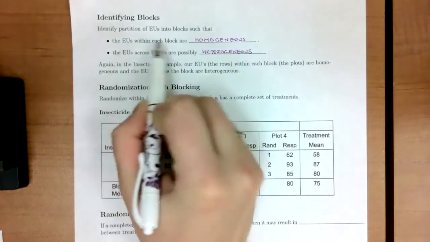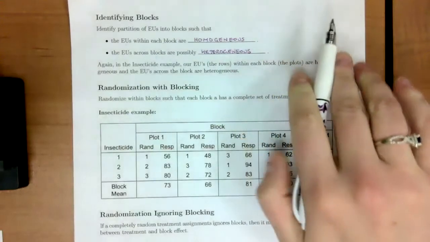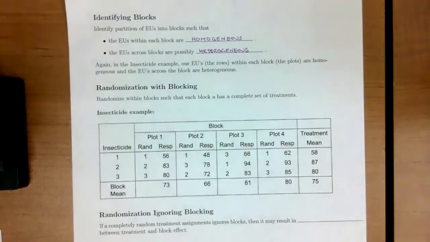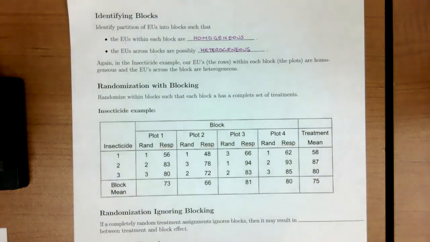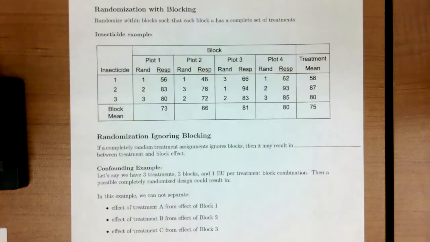Okay. Again, within block, we want them as same as possible. Across block, we want them to be different. That's kind of why we're blocking. And again, in our insecticide example, our EUs, the rows within the plots are homogeneous, and the EUs across are heterogeneous.